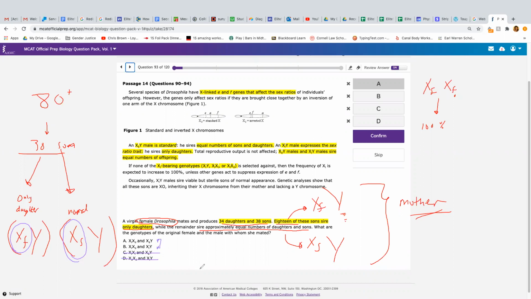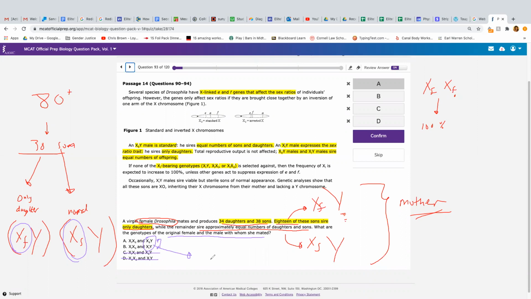Now the question is, how do we decide which one of these two answer choices it is, right? Remember, the question is asking us, what are the original phenotypes for the male and female who were actually mated together? So we know that the male has to be XY.